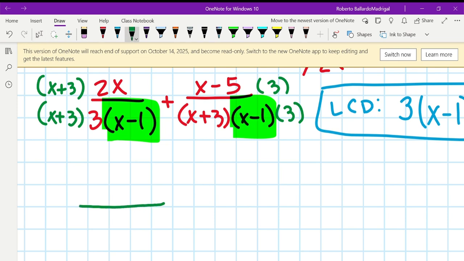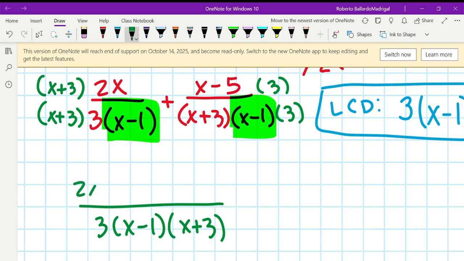This next part is kind of the easy part because you're going to put your new LCD, which is 3, x minus 1, x plus 3. And then you're going to do all the distribution for the top. So 2x times x is 2x squared. 2x and 3 makes 6x.